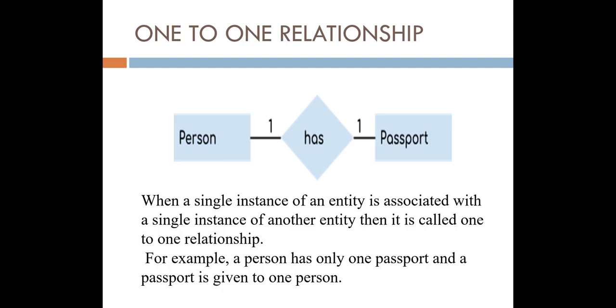In this example, one person can have only one passport, or you can say one person can have only one ration card. So person and passport are the two entities, and they are connected with the relationship has. So it is representing a one-to-one relationship.